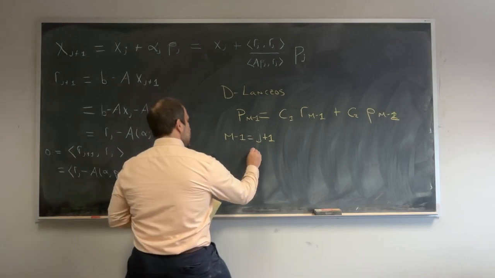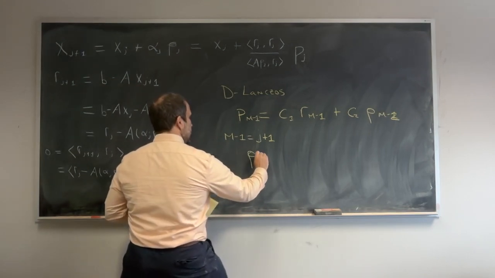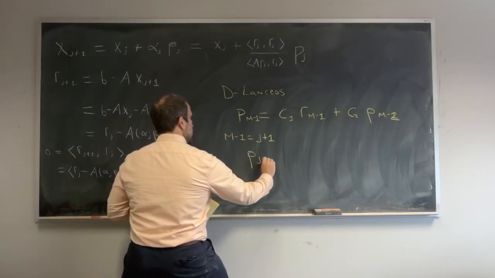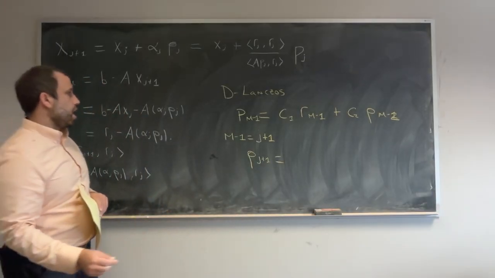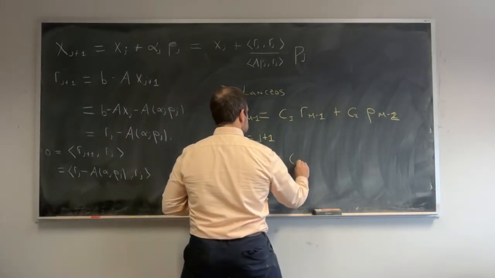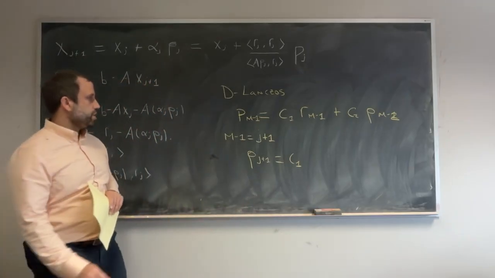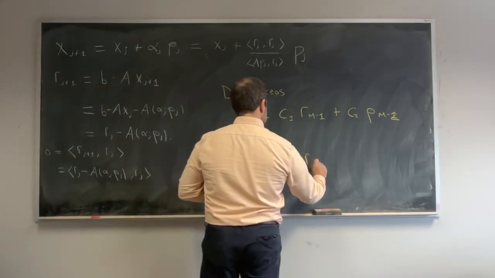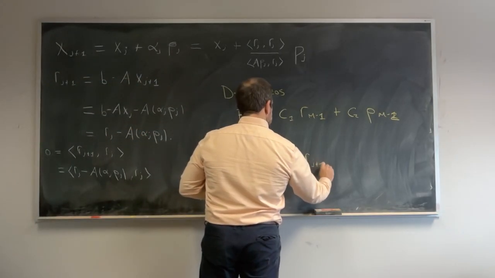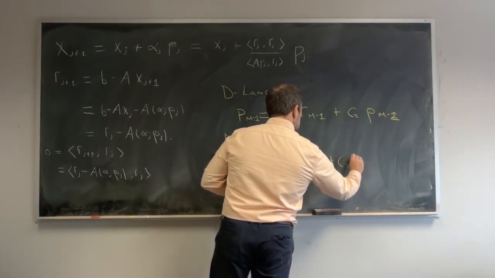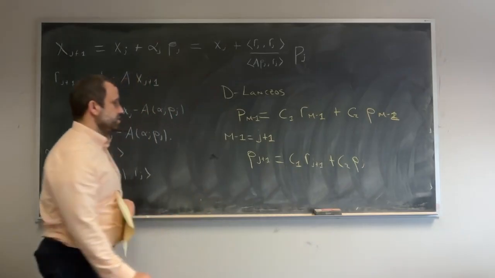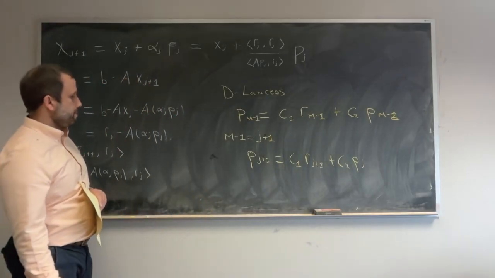Then what we see is that p_{j+1} is going to be in the linear span of r_{j+1} plus p_j like this. Okay.